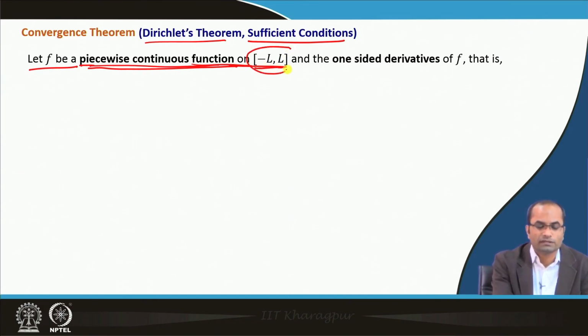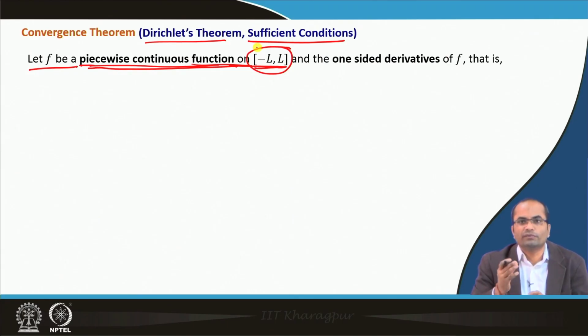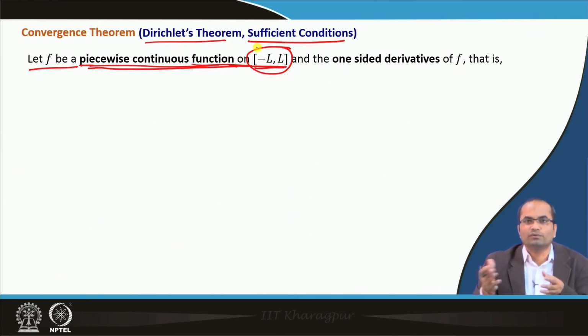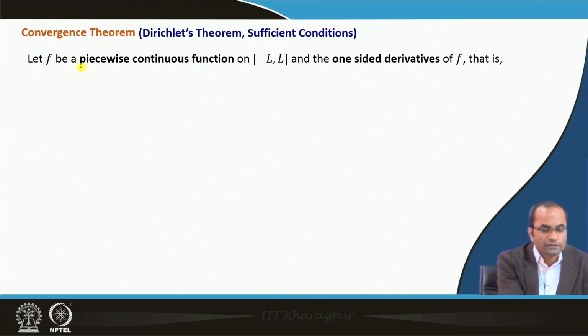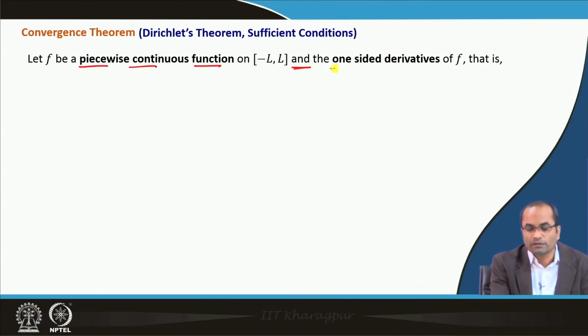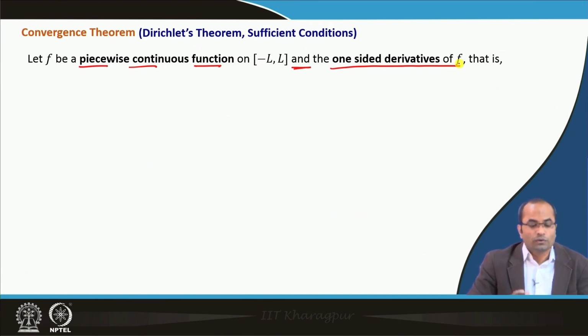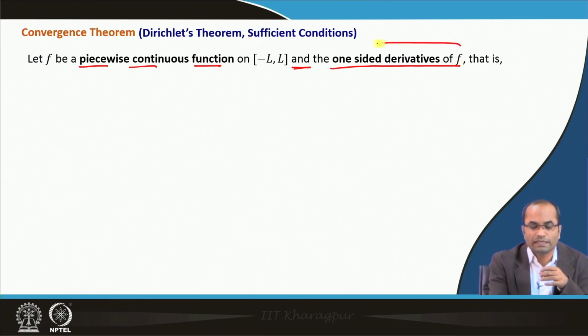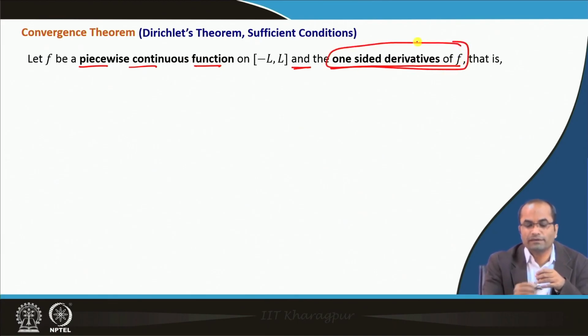Just for simplicity, we choose minus L to L, but we can also talk about 0 to L or 0 to 2L, whatever. The second condition is more important, the one-sided derivatives of f. Not just piecewise continuity is enough, we also need one-sided derivatives of f.